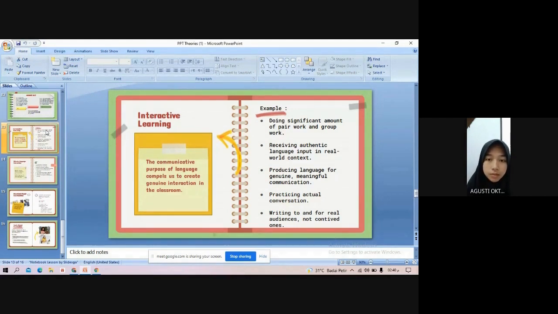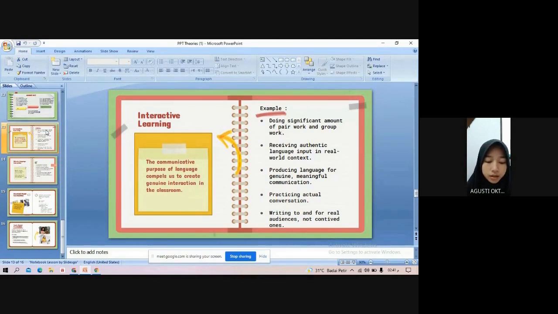So di dalam interactive learning, how we can do interactive learning in the class. There are some examples. Jadi kita ada, so we can do banyak kerja kelompok antara murid satu dengan murid yang lainnya, supaya lebih terjadi interaksi dan tidak pasif.